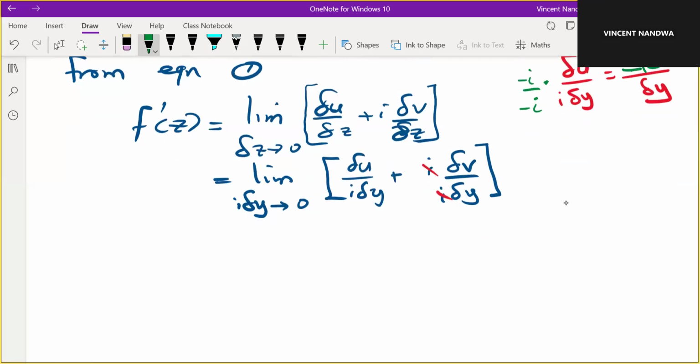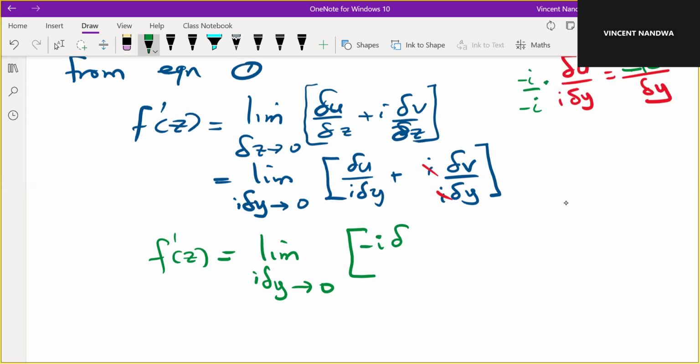So therefore, this is the same thing as writing the derivative of f of z is the limit as i delta y approaches 0 of negative i delta u over delta y plus delta v over delta y.